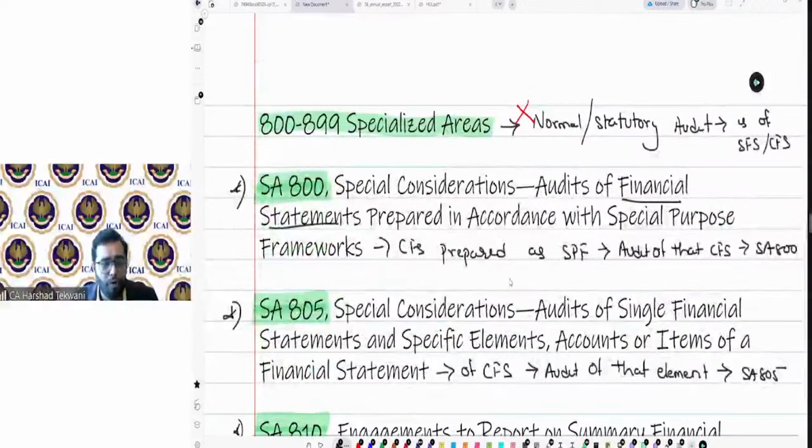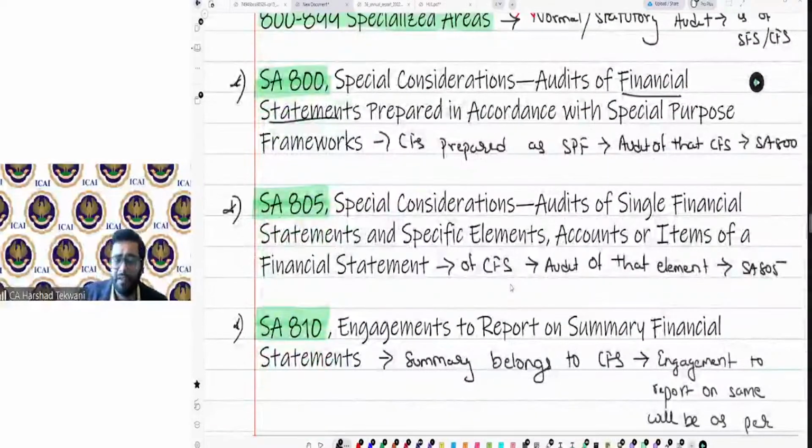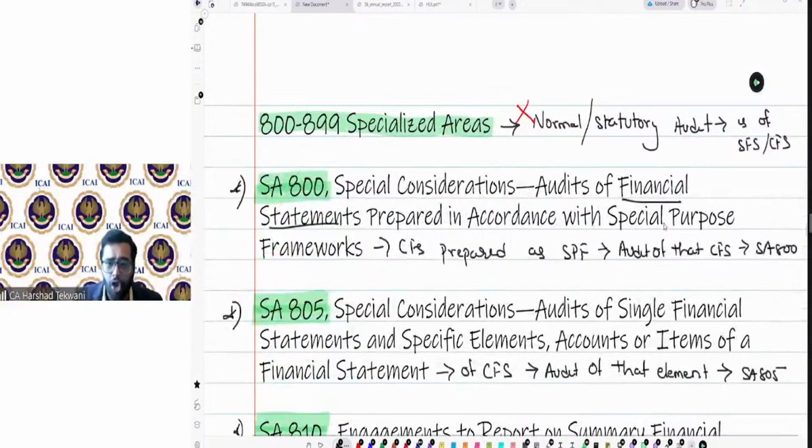So these are specific scenarios. These scenarios do not specify whether standalone or consolidated financial statement. They only talk about financial statement, or financial statement item, or summary financial statement. So if that is part of your CFS, yes, they will be applicable. But these are specific scenarios not applicable in the normal or statutory audit.